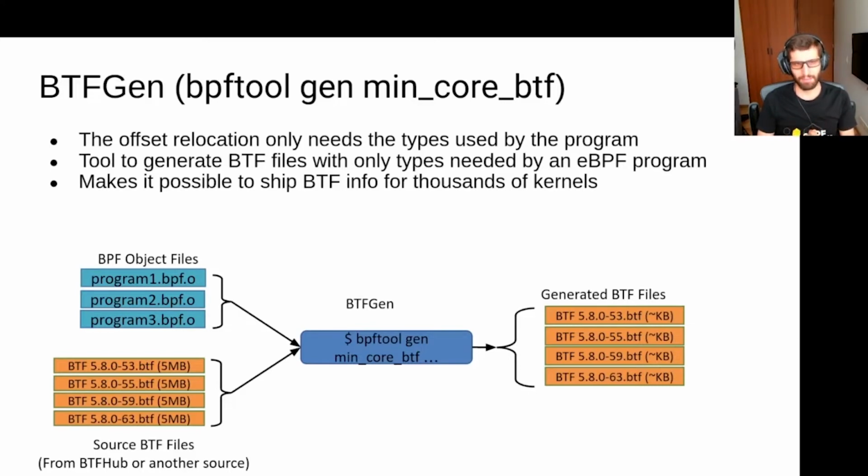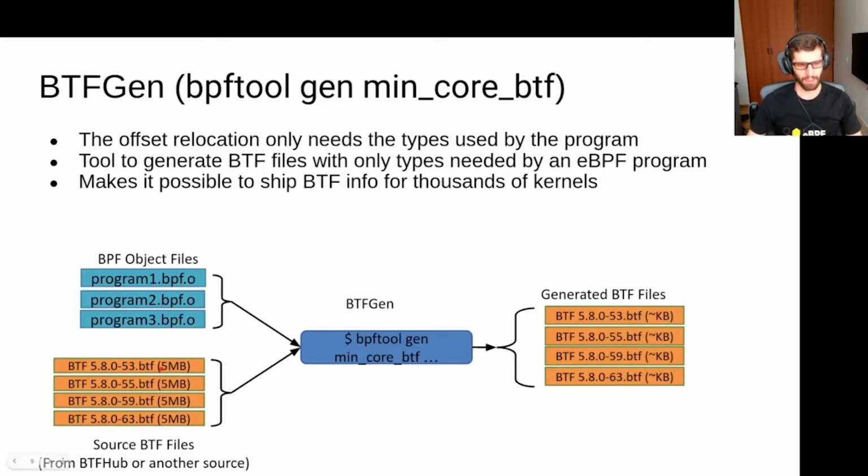So the idea behind BTFGen is to take a full BTF file describing all the types of the kernel, to take different BPF objects, and then by using BTFGen we are able to generate smaller versions of those BTF files that only contain the types that we need in order to perform the relocation for those programs.